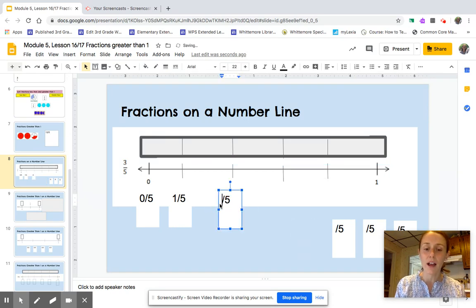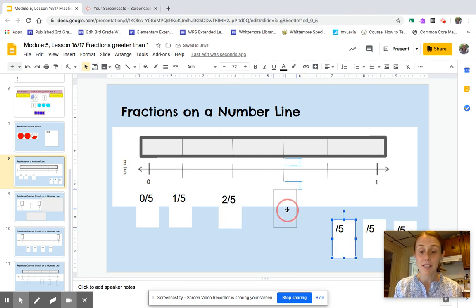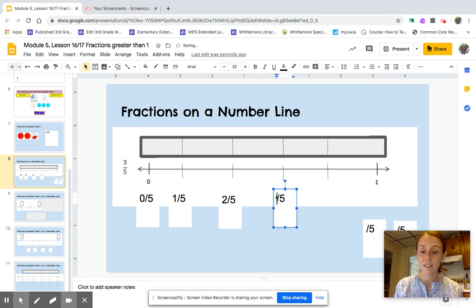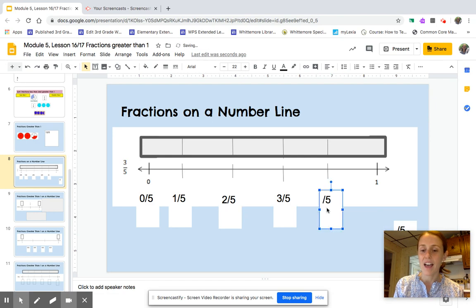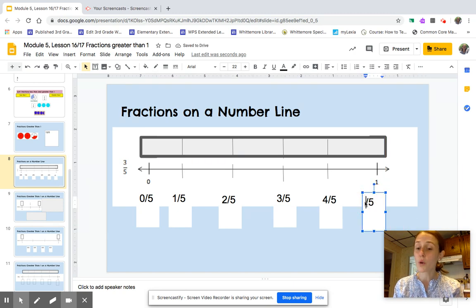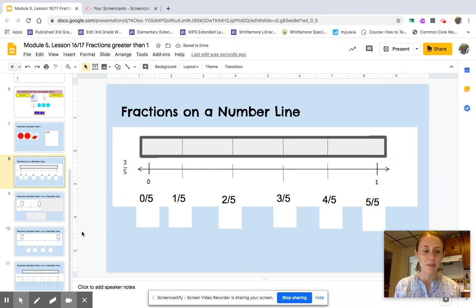You are correct. 2/5. If I add another fifth to my counting, how many pieces do I have? I have 3/5. Counting another piece, I'm going to add 4/5, and my final piece equal to 1 whole, 5/5, my complete number line. Nice work. Thanks for helping me.